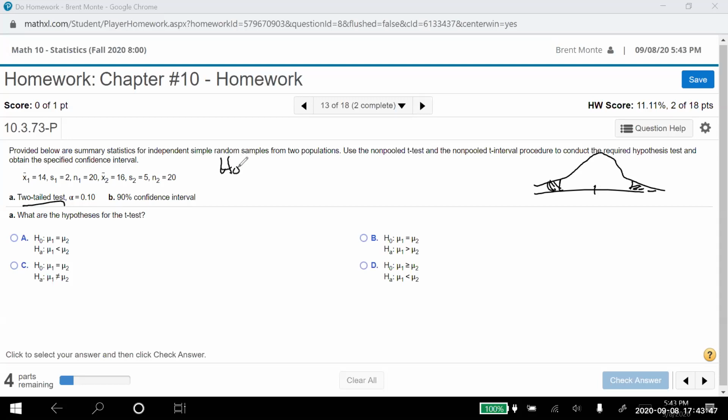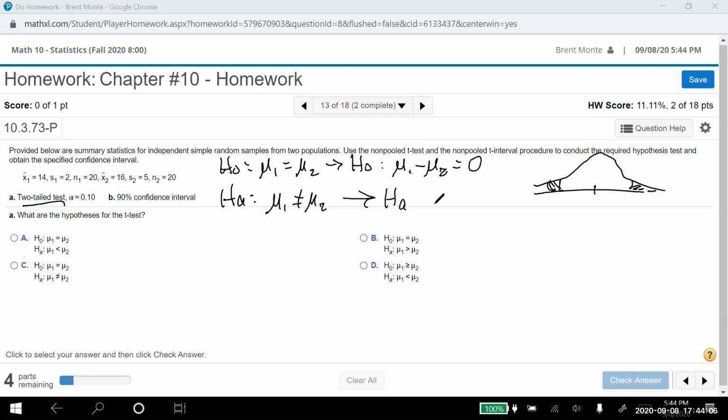So the null hypothesis is that mu1 is equal to mu2, or the other way to say that, mu1 minus mu2 is equal to 0. There's no difference. The alternative hypothesis is that there is a difference: mu1 is not equal to mu2, or similarly, mu1 minus mu2 is not equal to 0.